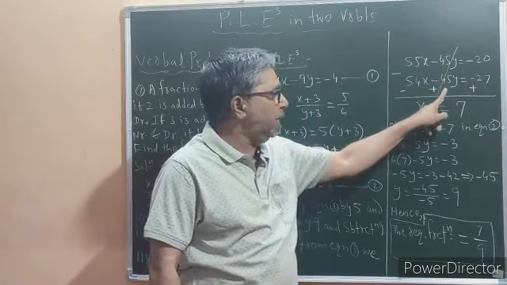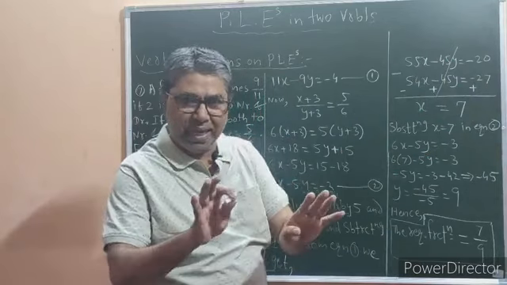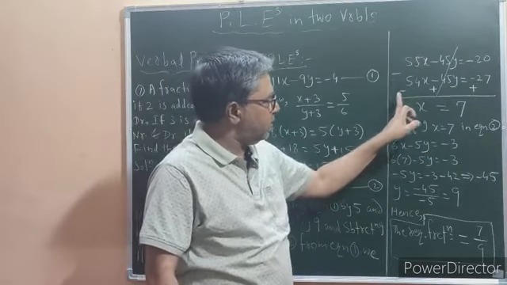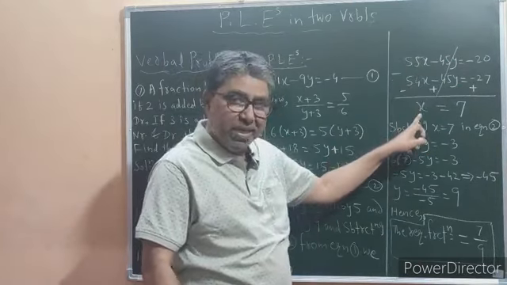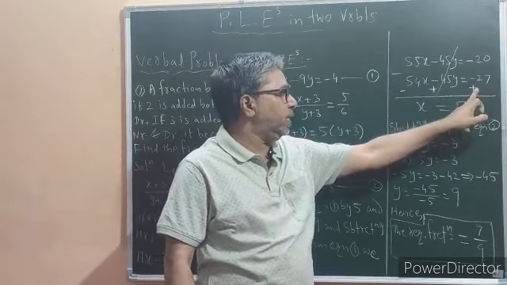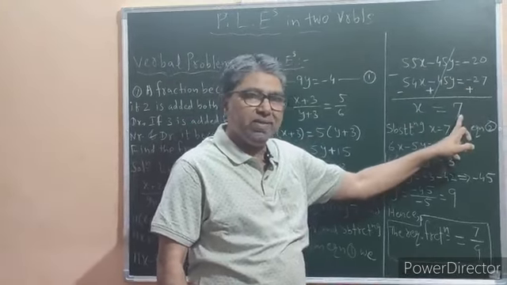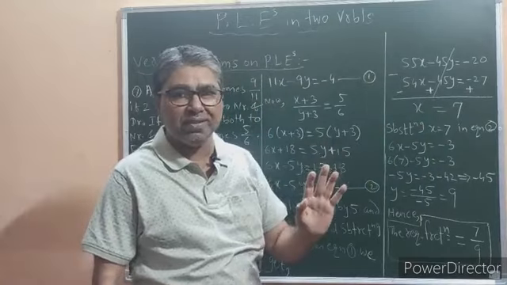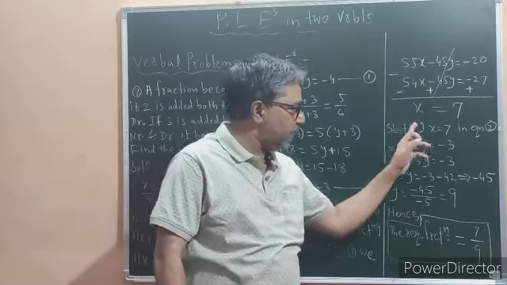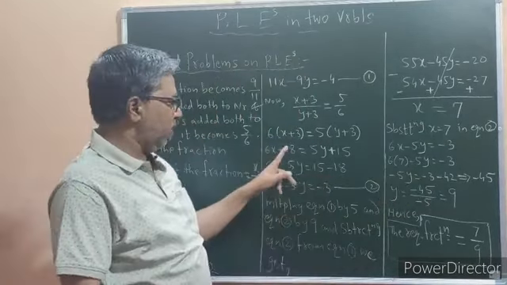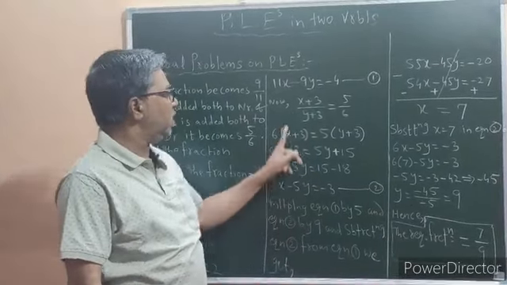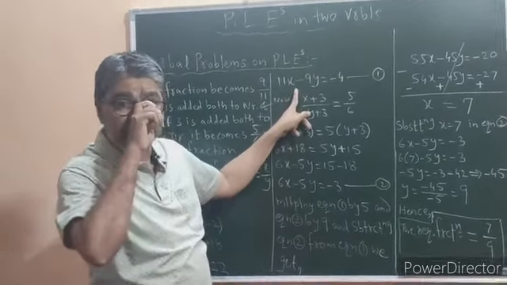Minus 45y plus 45y will cancel. 55x minus 54x will be x is equal to minus 20 plus 27, which is 7. So hence the value of x is 7. Substituting x is equal to 7 in equation 2, because equation 2 is a bit easier than equation 1.